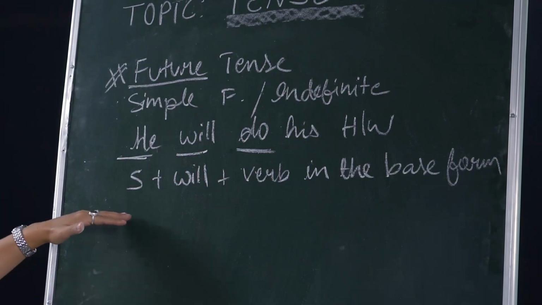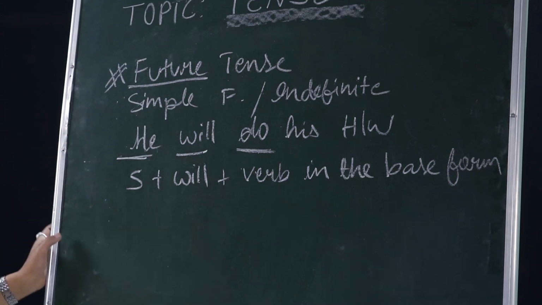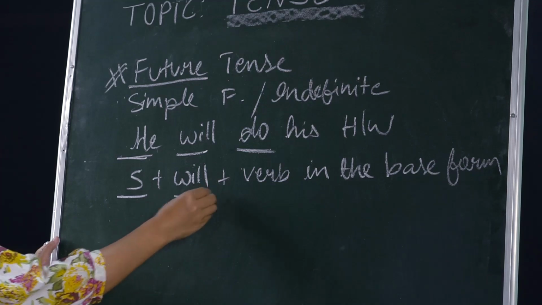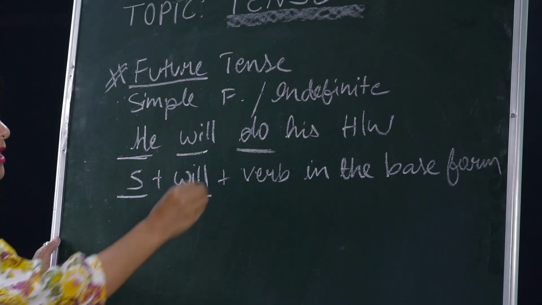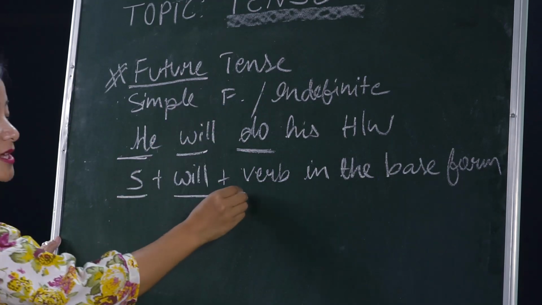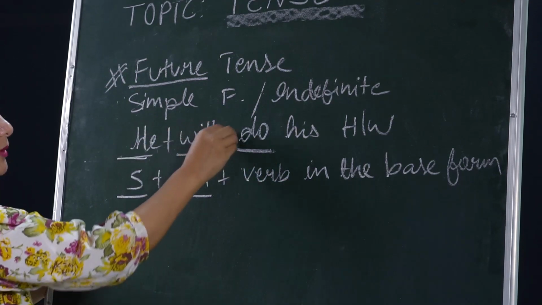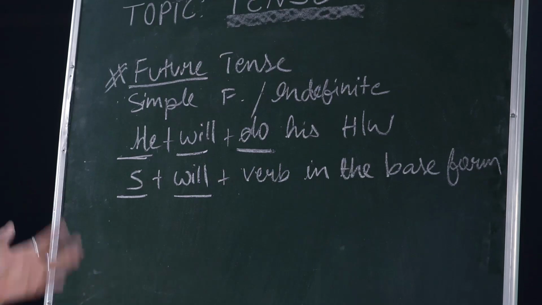These would give us the simple future tense. He, the subject, will, that denotes that it is in the future tense, and simple future tense always has the verb in the base form. So he will do. That means an action that would happen in the future.